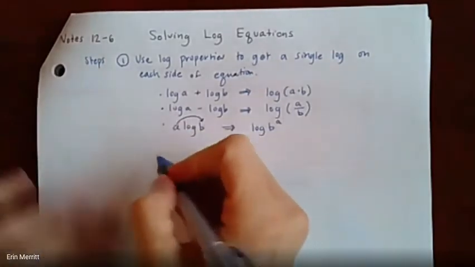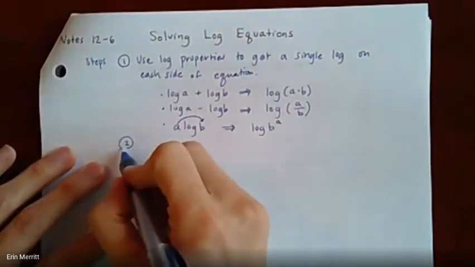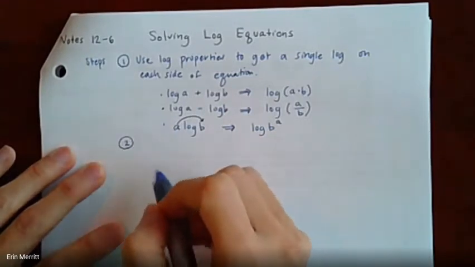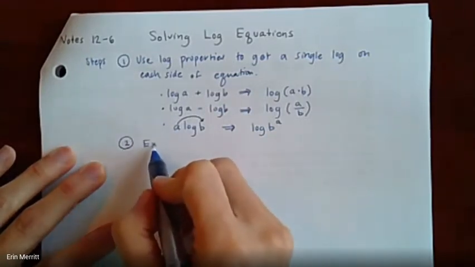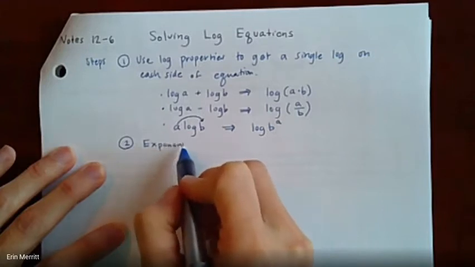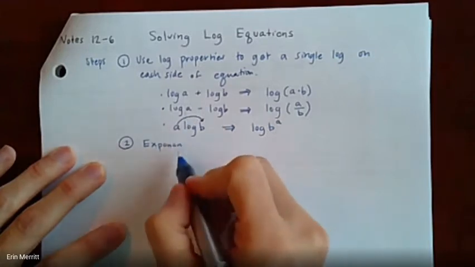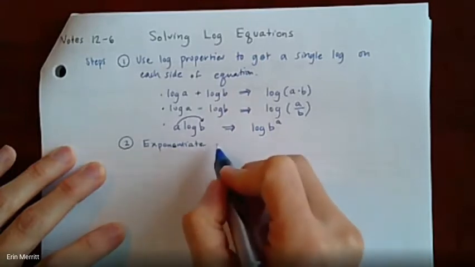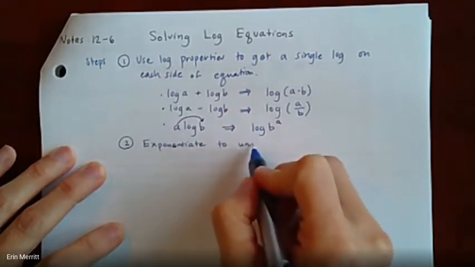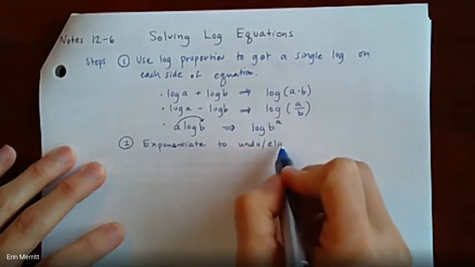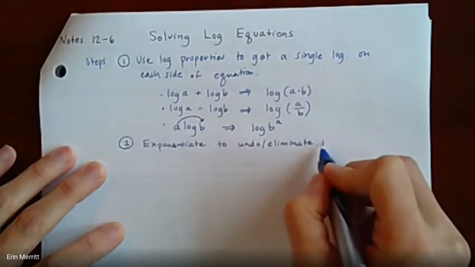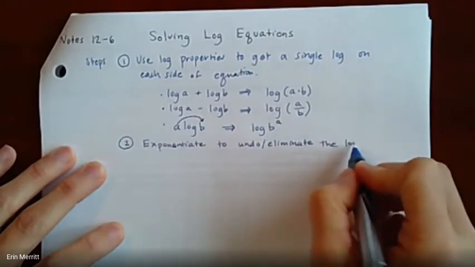Once you get a single log on either side, step two is you're going to get rid of the log by exponentiating, to undo or essentially eliminate the log.